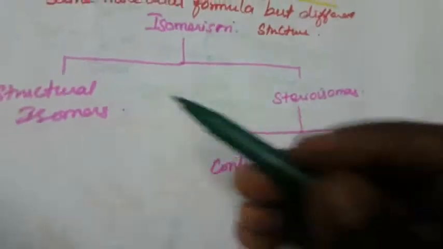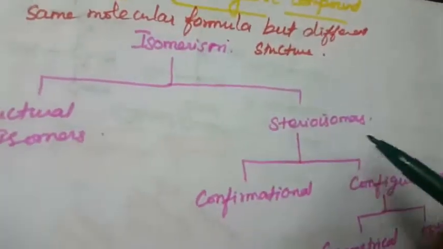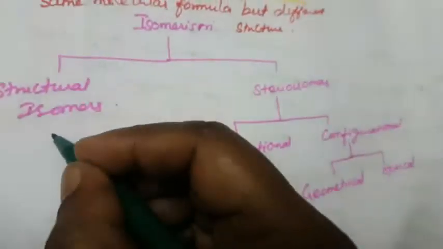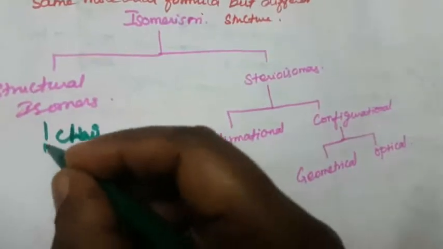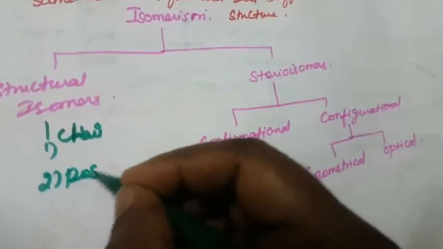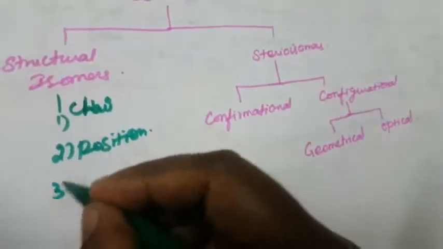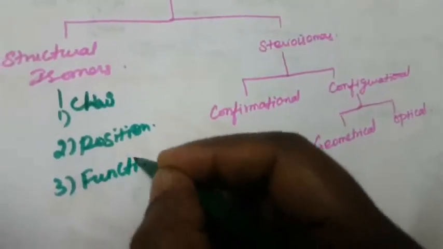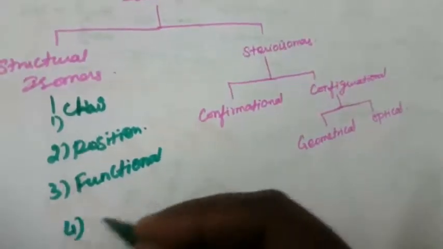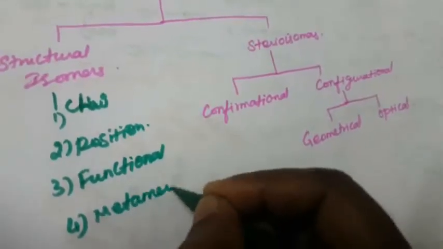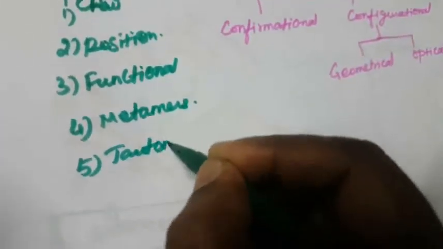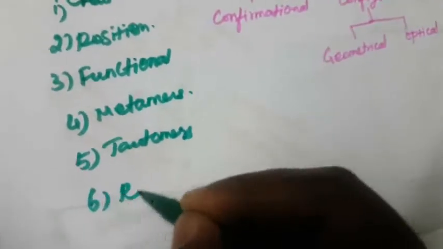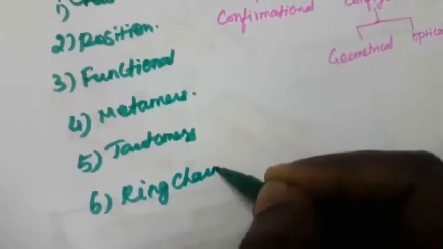Okay, so isomerism is classified into two types: structural isomerism and stereoisomerism. Structural isomerism is classified into chain isomerism, position isomerism, functional isomerism, metamers, tautomers, and ring-chain isomerism. These are the types of structural isomers.